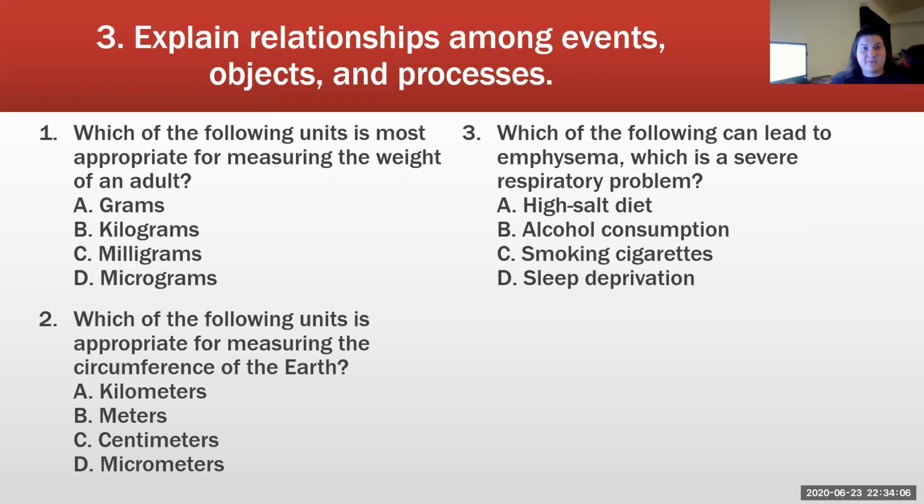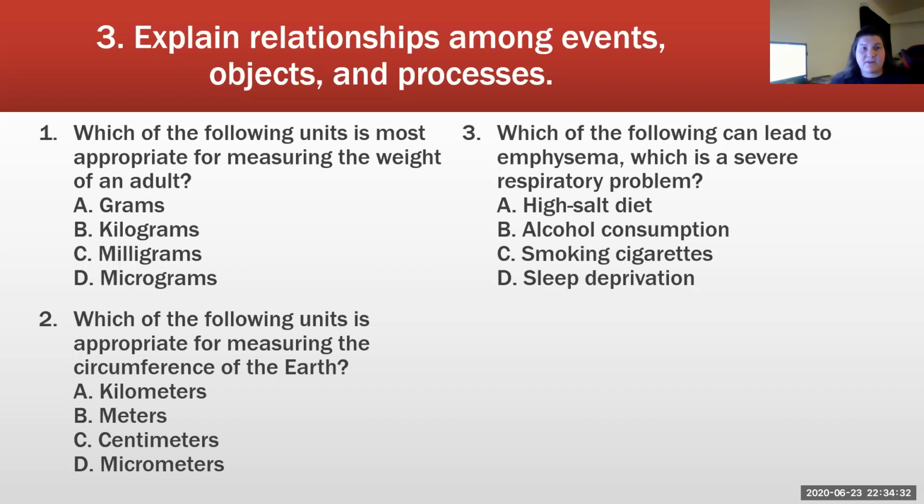Again, micrograms are even smaller than milligrams. So the K in King Henry Died By Drinking Chocolate Milk, with grams as the base. We're going to do B, kilograms. That's the appropriate way to measure the weight of an adult, because milligrams and micrograms are way too small, and again, grams are too small.